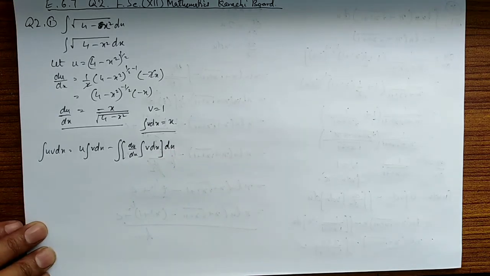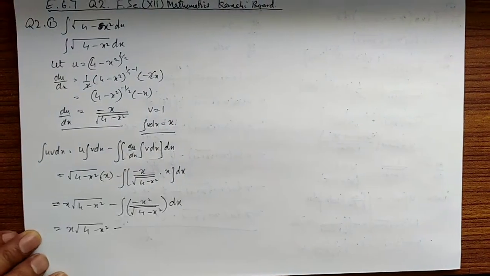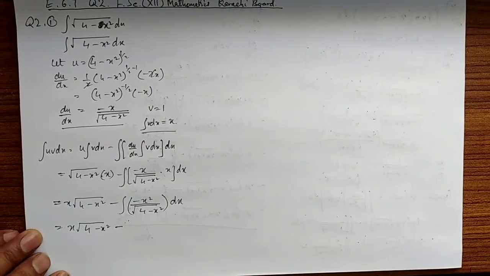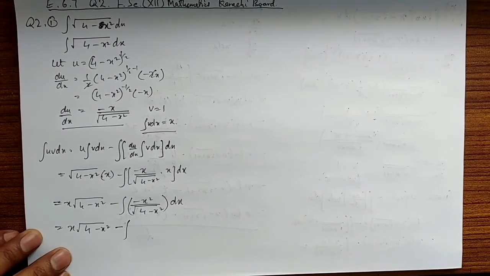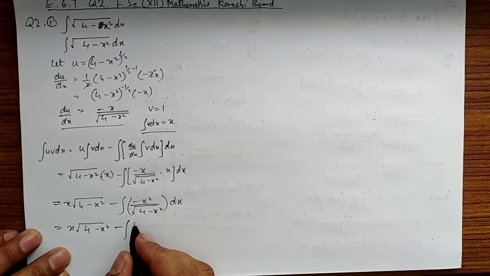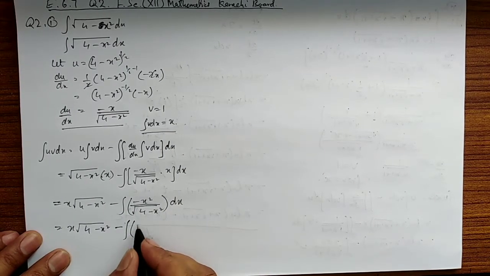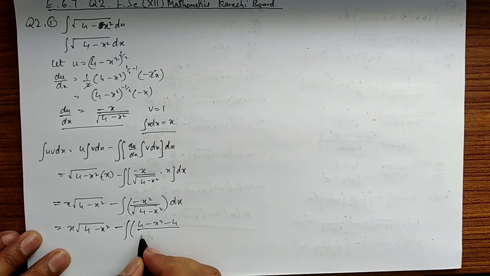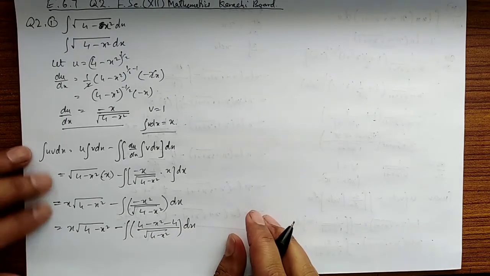Now putting the values into the formula, we obtain this part, and now again by rearranging we got this part, and now we are going to write the second portion in a different form by adding and subtracting 4 in the numerator, that is 4 minus x square minus 4 whole divided by root of 4 minus x square dx.